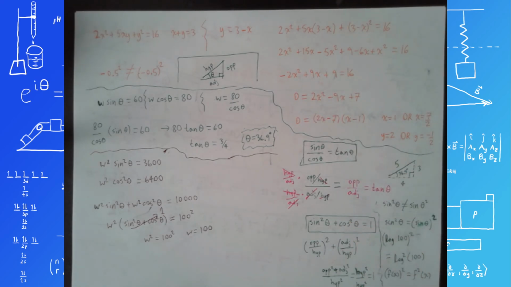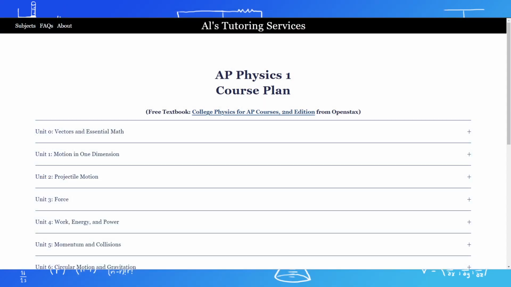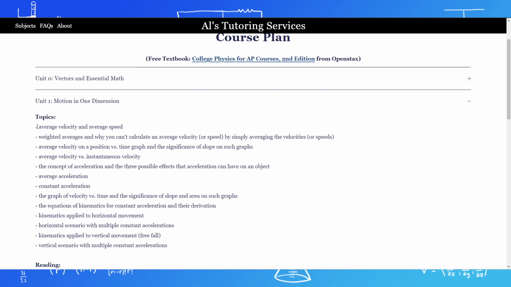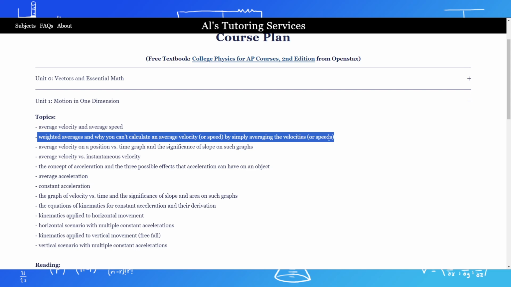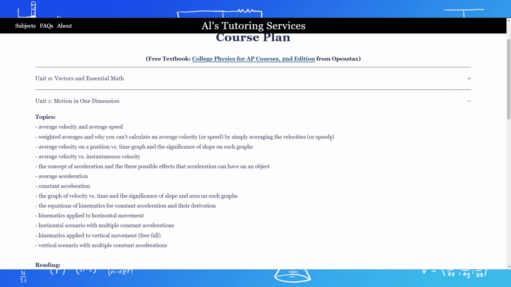And then the plan is going to be to go over, well, let me open the course plan real quick. We're then going to revisit the topic of average velocity and average speed, and we're going to specifically look at some common misconceptions about averages and address that stuff.